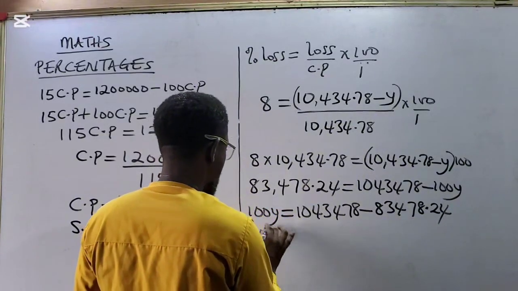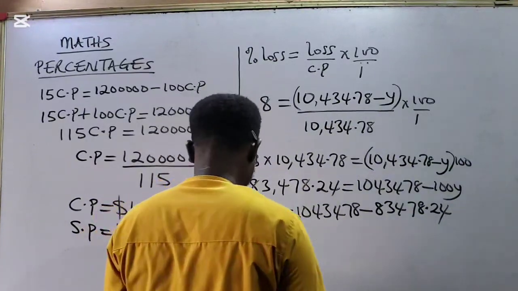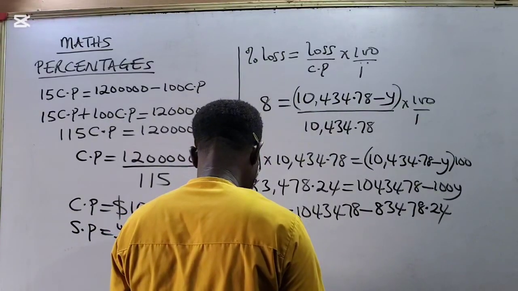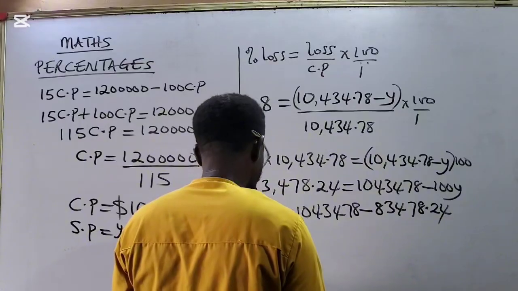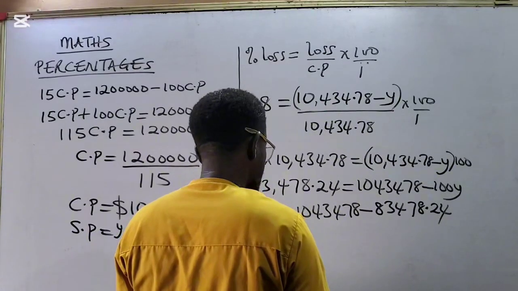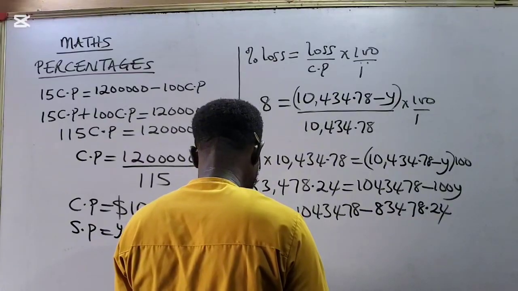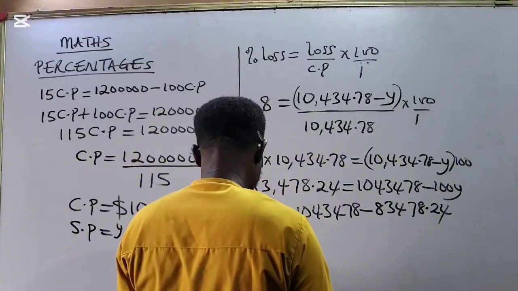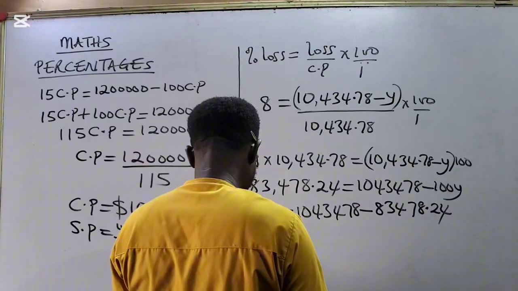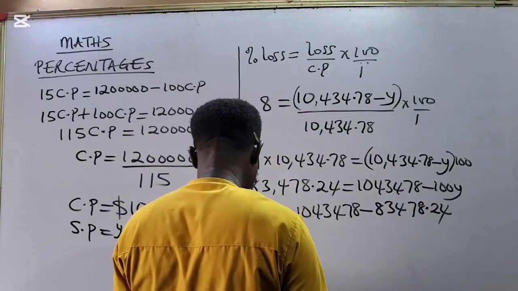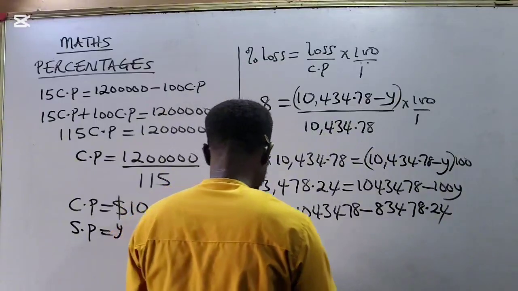So we get 100Y equals, let's subtract that now. 1,043,478 minus 83,478.24. So that was 95.